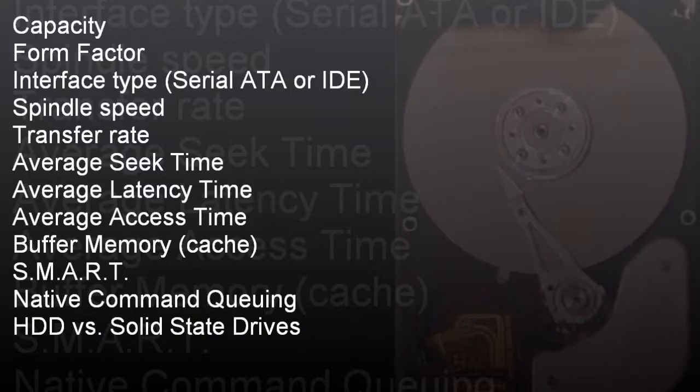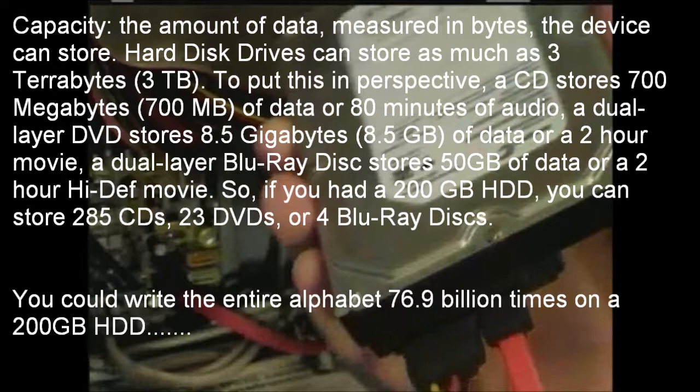First, let's talk about capacity. This is the amount of data, measured in bytes, that a device can store. Hard disk drives can store as much as 3 terabytes of information. To put this in perspective, a CD stores 700 megabytes of data, or 80 minutes of audio.